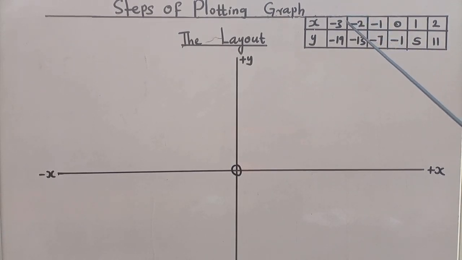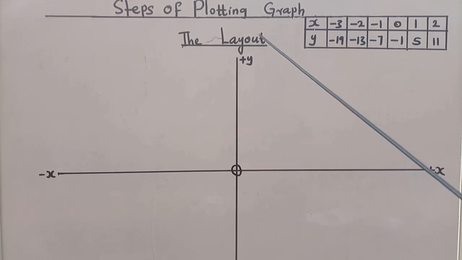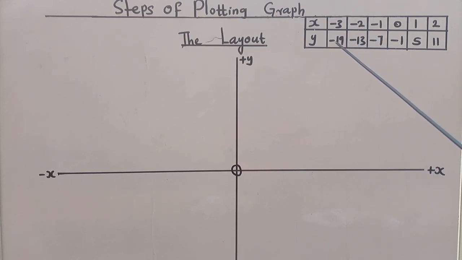Let me go there. We have negative values of x and positive values of x. Because of that, the layout will include both the left and the right of x. The same thing should be done to y. Y has negative values and also positive values.